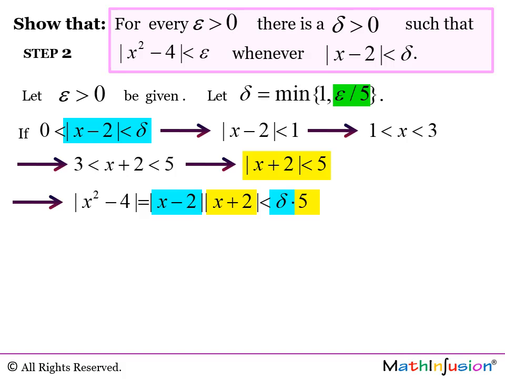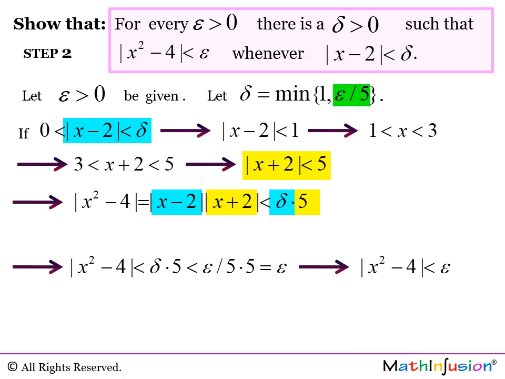So this product is less than delta times 5. But delta times 5 is at most epsilon over 5 times 5, which equals epsilon. Which means that x to the power of 2 minus 4 in absolute value is less than epsilon when x minus 2 in absolute value is less than delta.